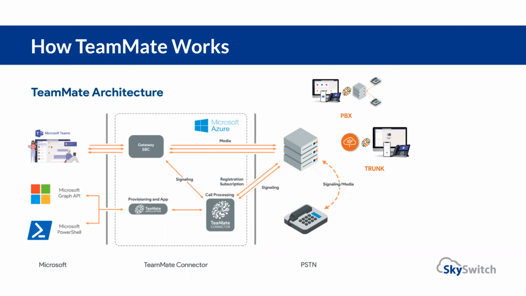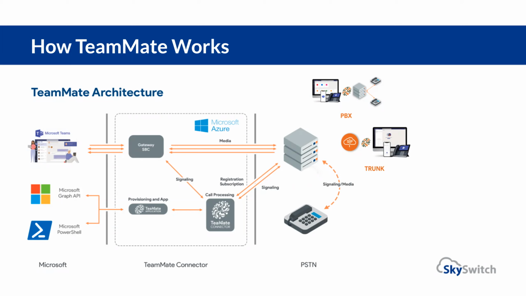One is the media path, from the same SkySwitch platform you're using today through a gateway SBC into Microsoft Teams. It makes sense to choose a gateway that's near the customer. So US East and US West will be the two that are prominent in this crowd.